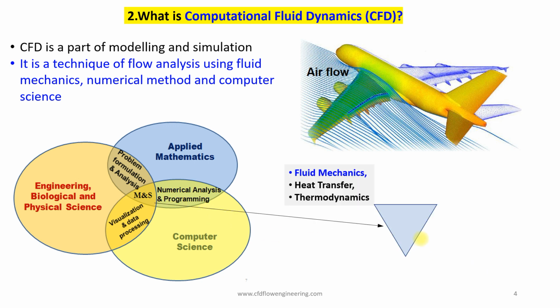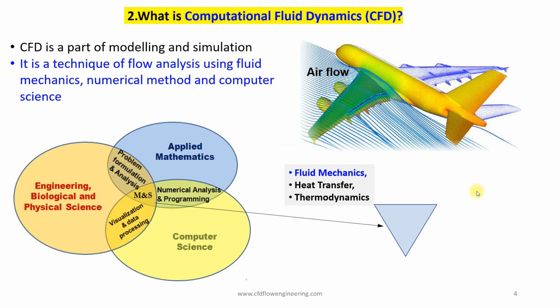There are three important pillars of computational fluid dynamics. The first pillar comprises physical subjects like fluid mechanics, heat transfer, thermodynamics. There can be chemical engineering. Whatever it could be, all such subjects come in one pillar.